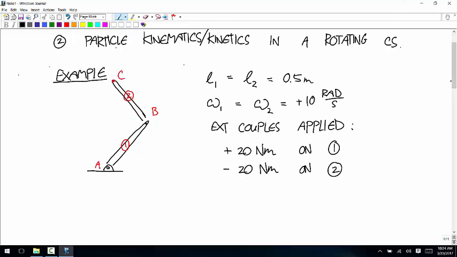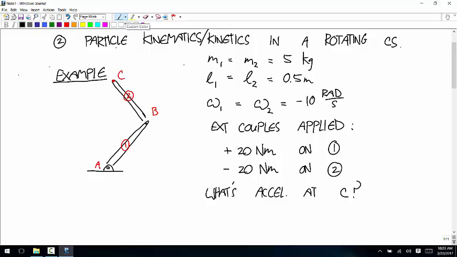And we want to calculate the acceleration at that point C. The masses of these two things are each 5 kilograms. Okay, and that's it. So, first of all, I said this was angular velocity of positive 10, but that should be negative 10, the way I think of it.